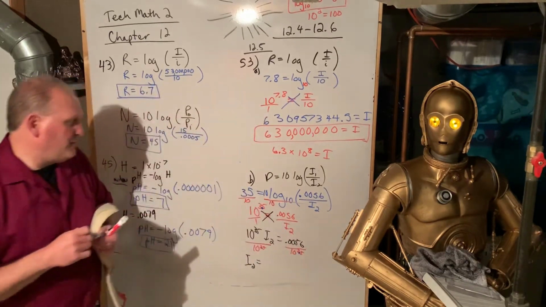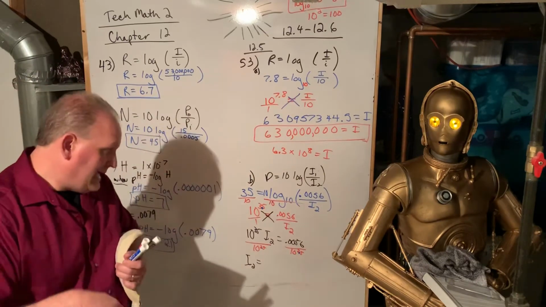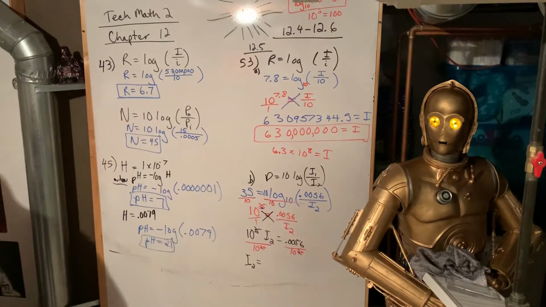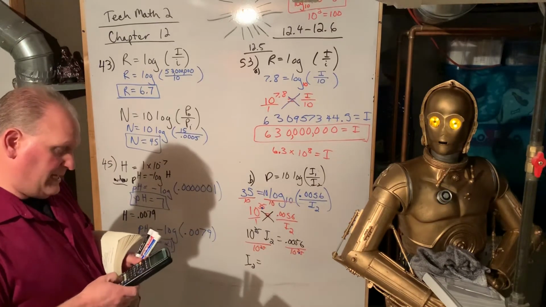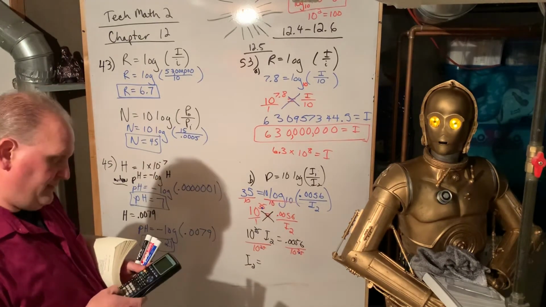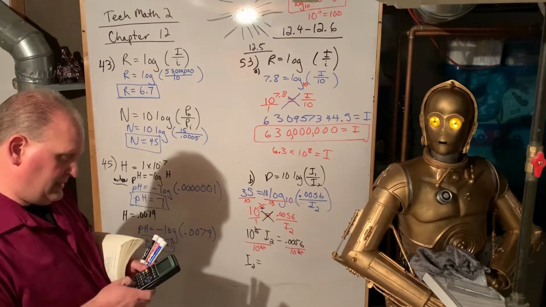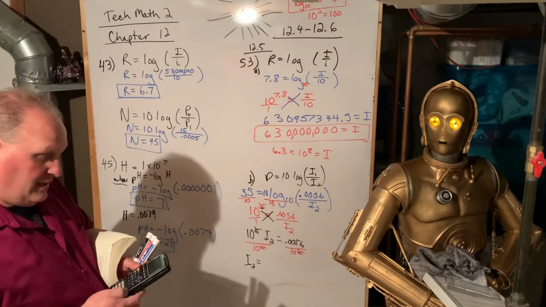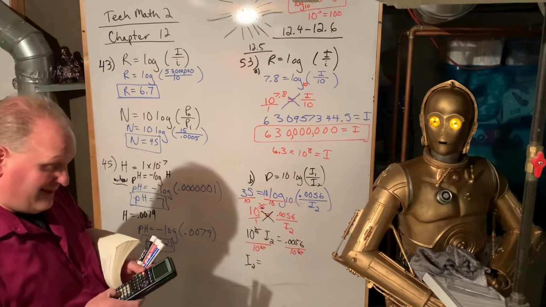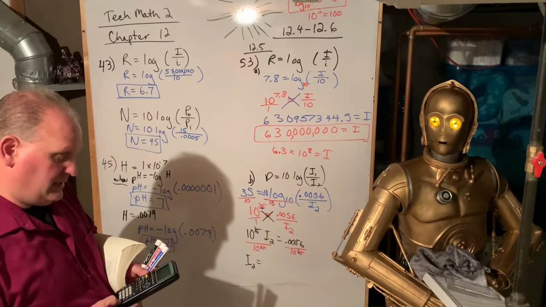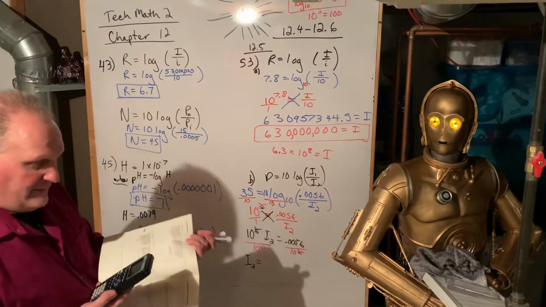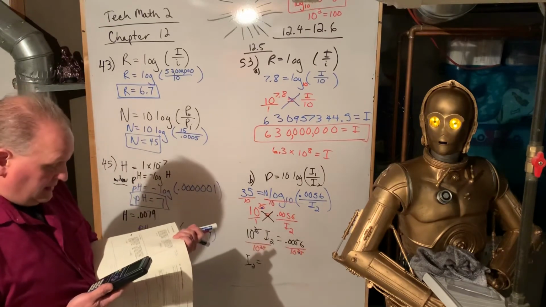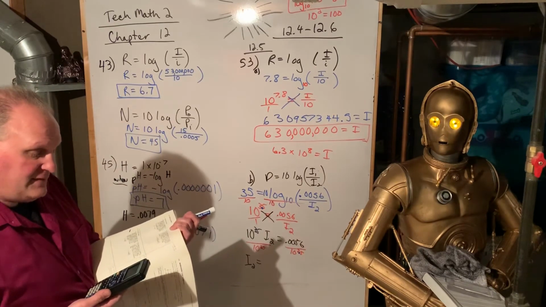Now let's figure that out. That's going to be 0.0056 divided by parenthesis 10 to the 3.5 power, end parenthesis. It's still little. It's 1.77 times 10 to the negative 6.